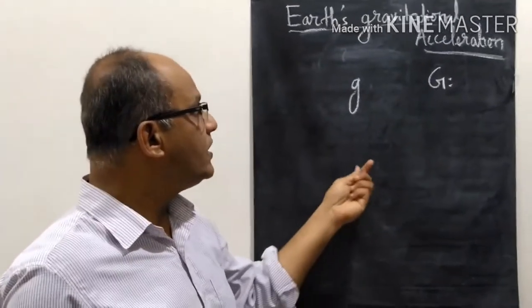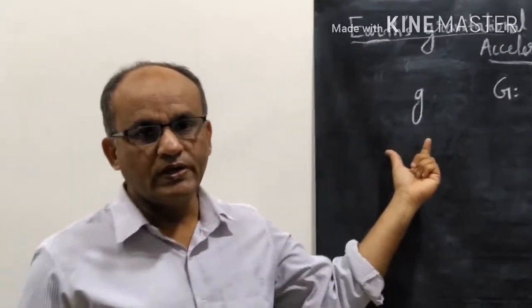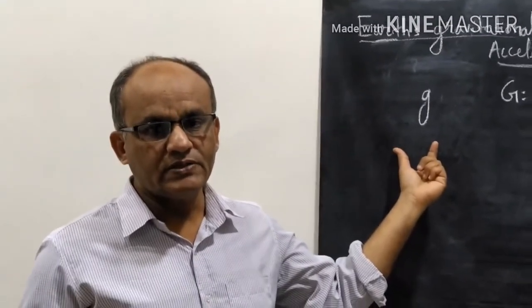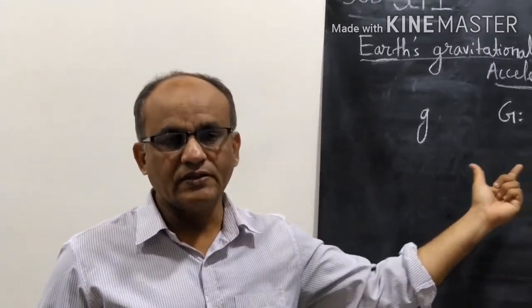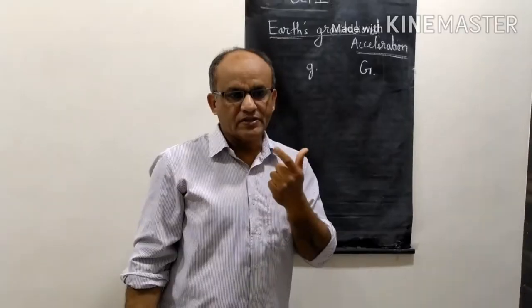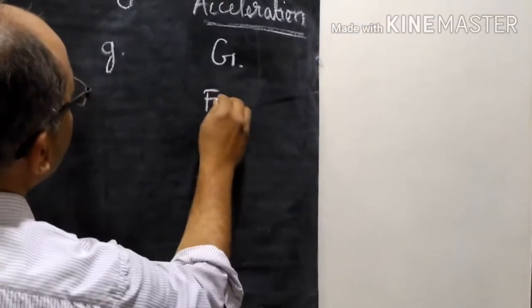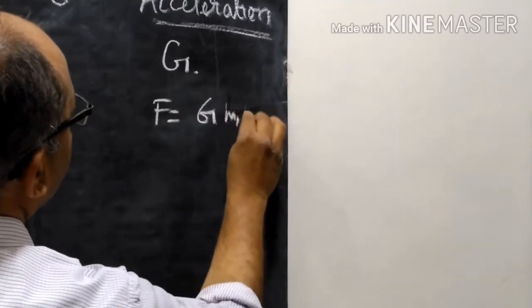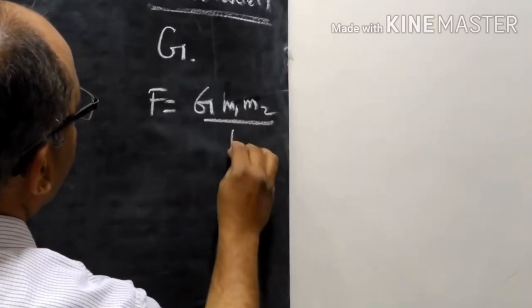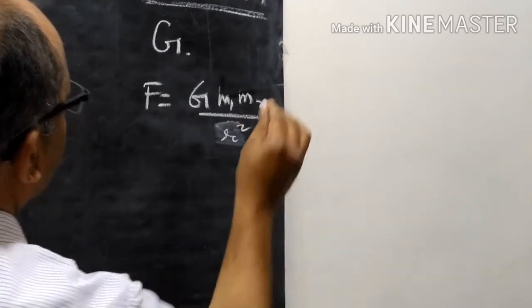Today we are going to calculate the value of g. We will take the help of the formula for the gravitational force. We know that F is equal to G m1 m2 upon R square.